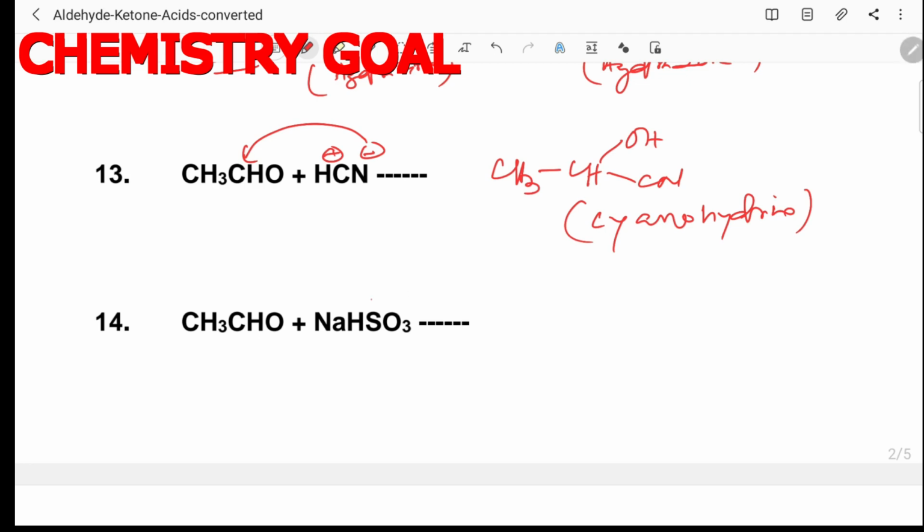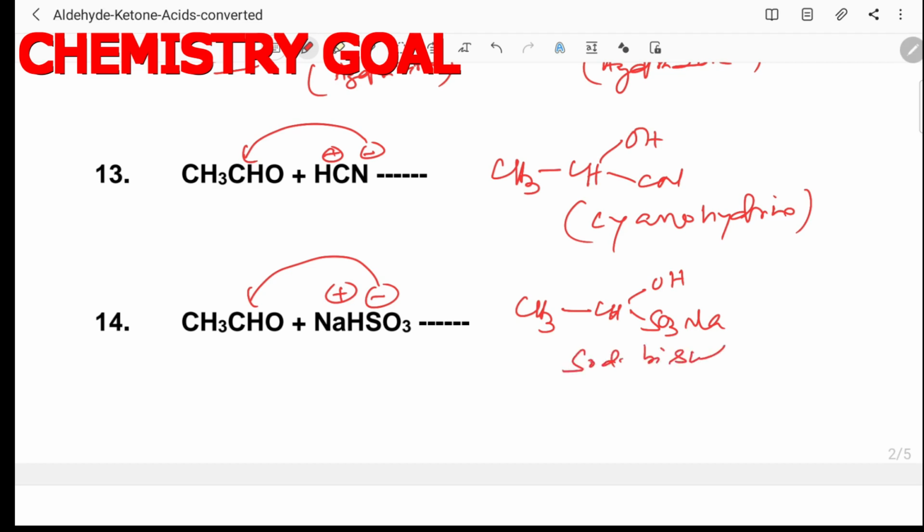Here, it is minus and sodium plus, it attacks the carbon. The product is CH3CH(OH)SO3Na. That SO3Na becomes a salt. Which salt? It is the sodium bisulfite salt of acetaldehyde.